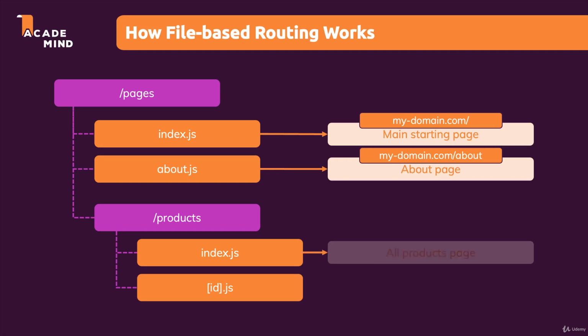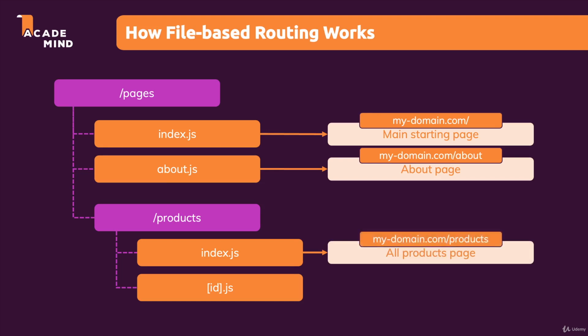Inside of products, for example, index.js would be loaded for mydomain.com/products. So not /products/index, but just /products/nothing loads index, just as just mydomain/nothing loads index in the pages folder. If we have a file named differently, like about.js here, then this file name is used as a path segment.